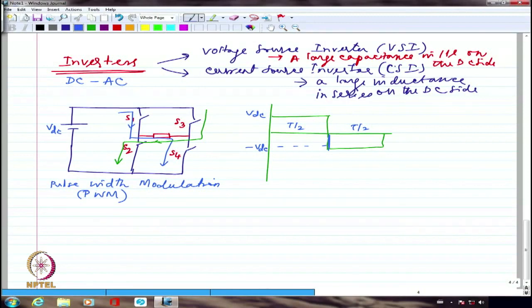What I mean is, rather than having a pulse for a complete 180 degrees, if I have a pulse only corresponding to this much. Similarly, maybe I have a pulse only corresponding to this much. For quite some time it is zero voltage. I'm going to have a pulse only starting from, let us say, 45 degree and it will go until 135 degree, for example. Right?